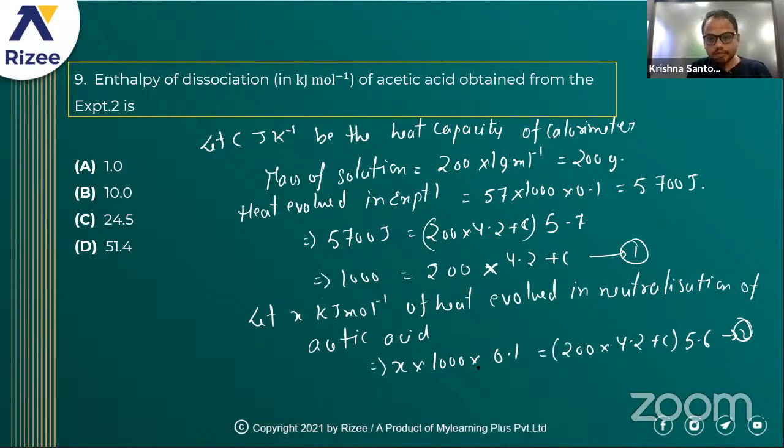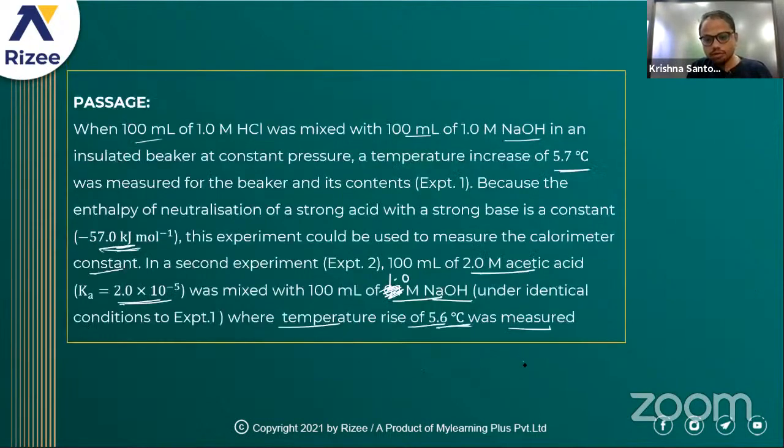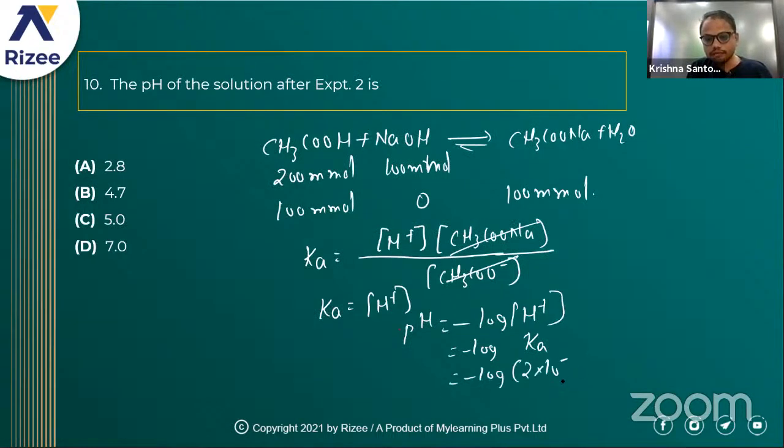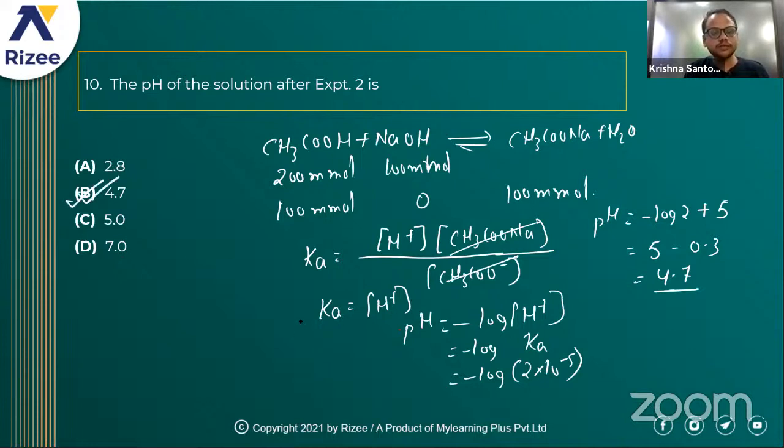So pH equals minus log of 2 into 10 to the power of minus 5, or minus log 2 plus 5. Log 2 is 0.3, so you get 5 minus 0.3, which is 4.7. So pH will be 4.7.